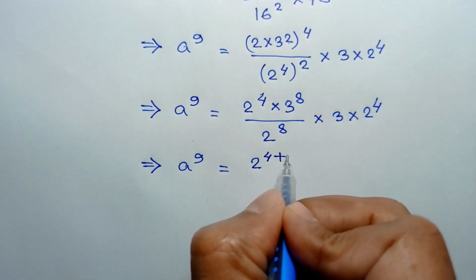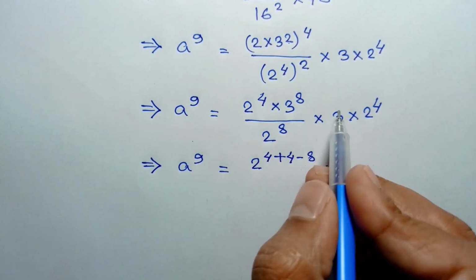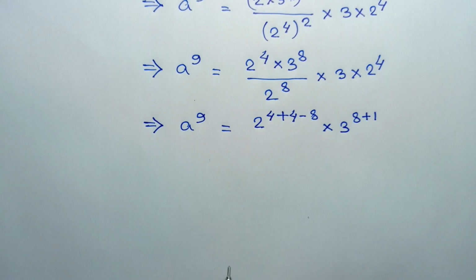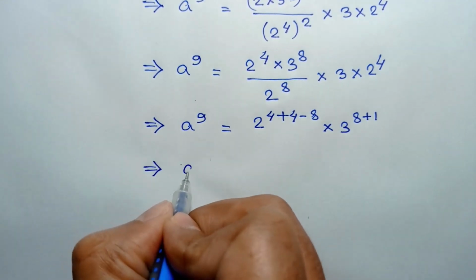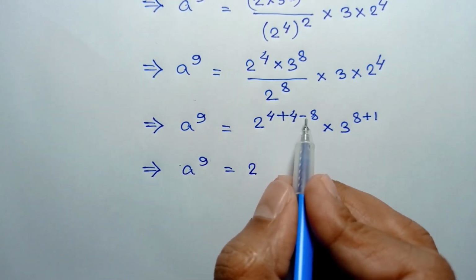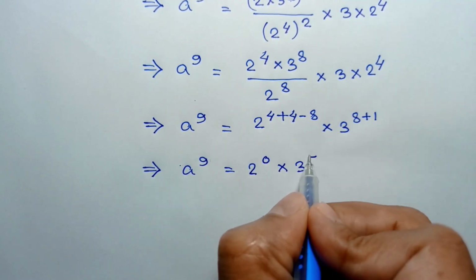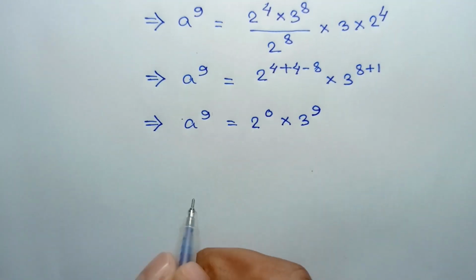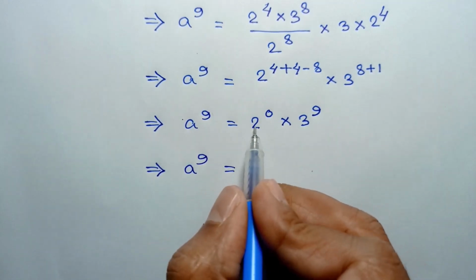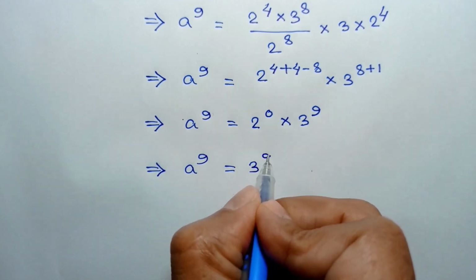So we can write 4 plus 4 minus 8 times 3 to the power 8 plus 1, or a to the power 9 is equal to 2 to the power 4 plus 4 is 8 minus 8 is 0 times 3 to the power 8 plus 1 is 9, or a to the power 9 is equal to 2 to the power 0 is 1 times 3 to the power 9 is 3 to the power 9.